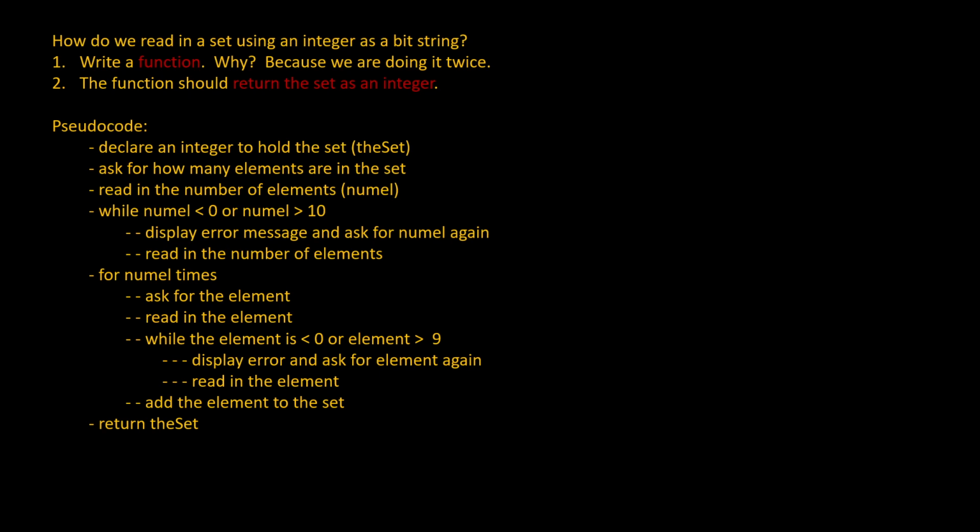In my main program, I could just print out a message that says, please enter the set A, and then call this function and read it into set A. My main program would tell me which set I'm reading in, as opposed to my function. So I'm going to keep my function free from any ties to which set it's reading.